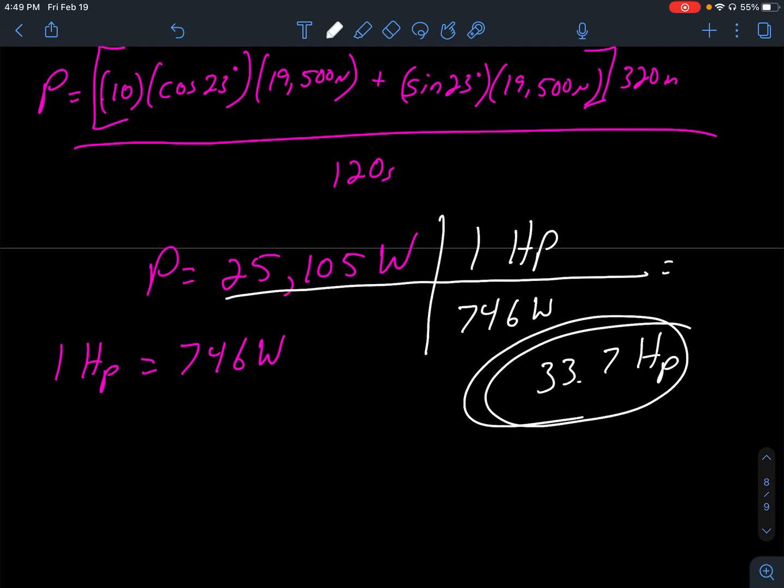Most lawn mowers are like a 5 or 10 horsepower motor, if it's a push one. So to pull all those people up that incline, that makes a little sense. Cars vary, but a race car might be a 400 or 500 or more horsepower car.